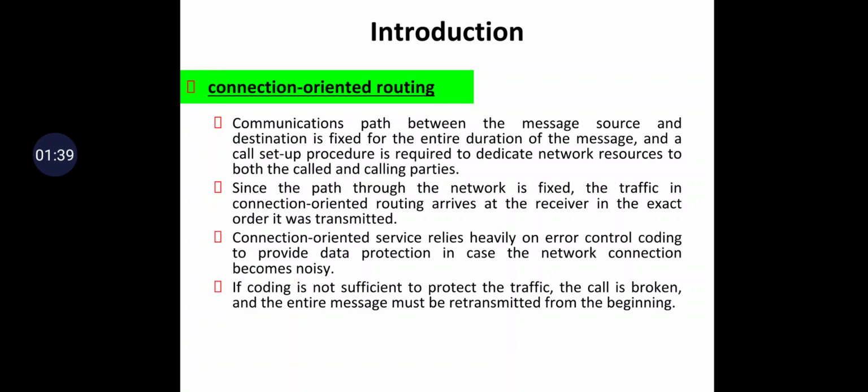Since the path through the network is fixed, the traffic in connection oriented routing arrives at the receiver in the exact order it was transmitted. This relies heavily on error control coding to provide data protection in case the network connection becomes noisy. If coding is not sufficient to protect the data, the call is broken and the entire message must be retransmitted from the beginning.